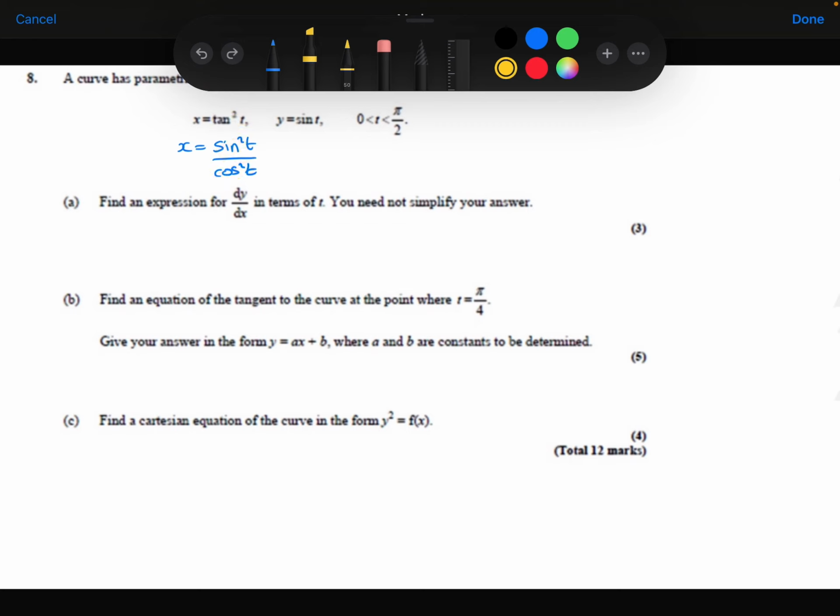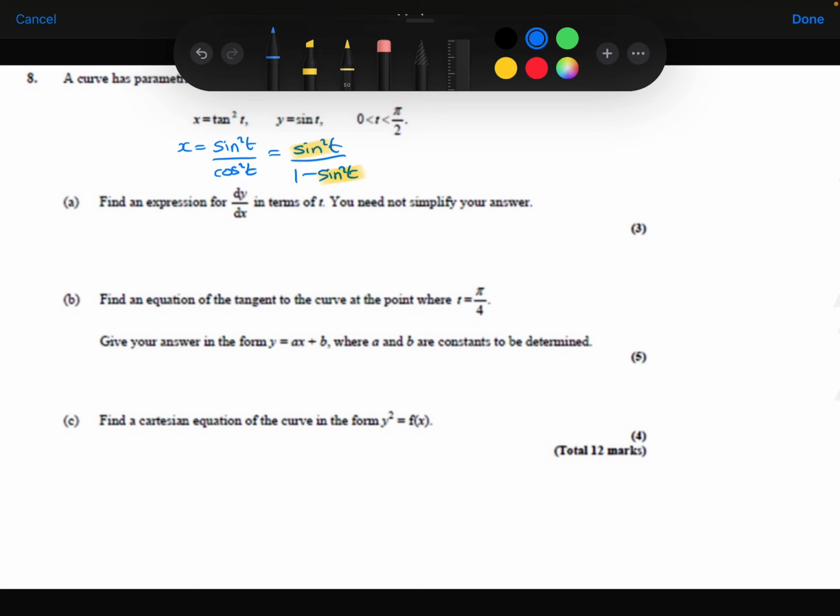Now that's useful because I know that y is sine t. So sine squared t, that's just going to be y squared. So that's nice and simple. Not quite sure what cos squared is directly, but I do know that cos squared is the same thing as 1 minus sine squared. So if I replace the cos squared with 1 minus sine squared, then that's going to be really useful because now I know that this is y squared and I know that this is y squared.